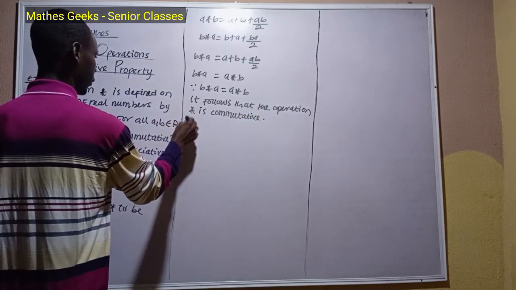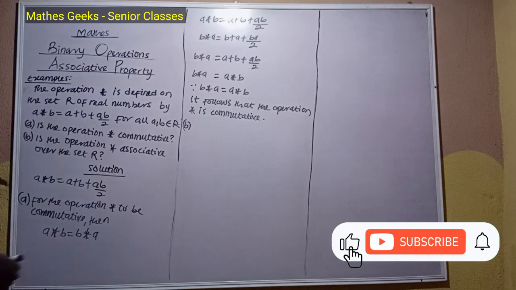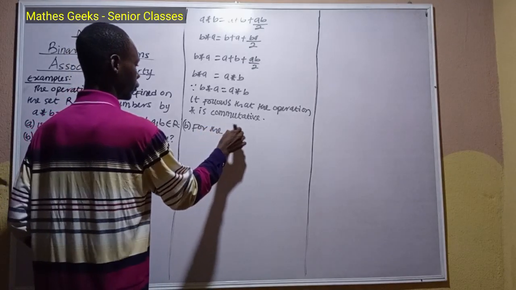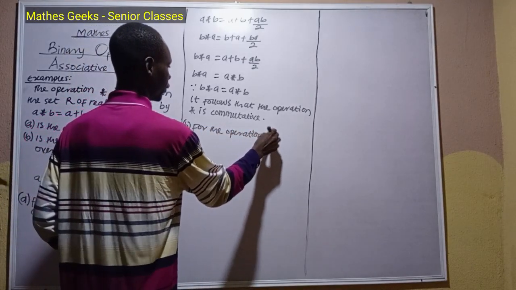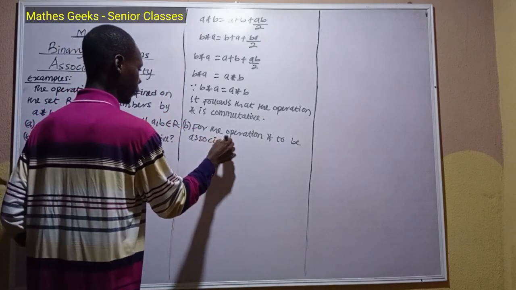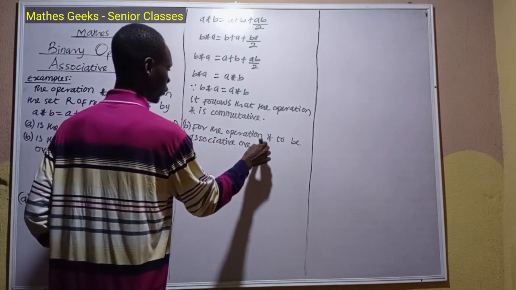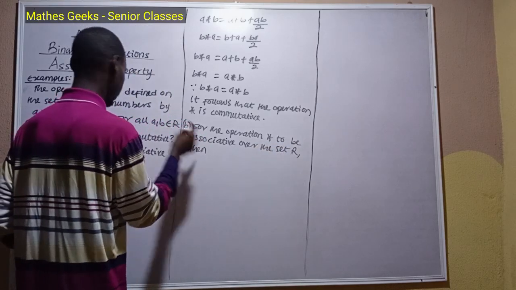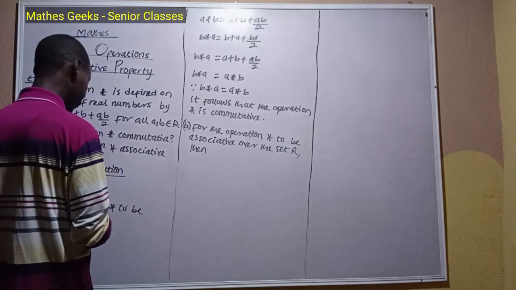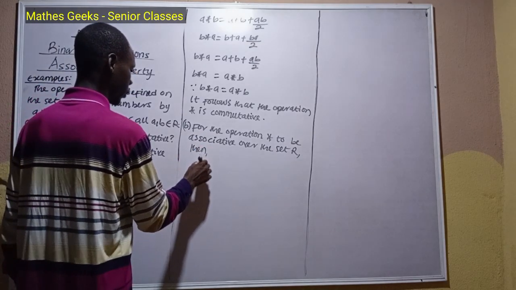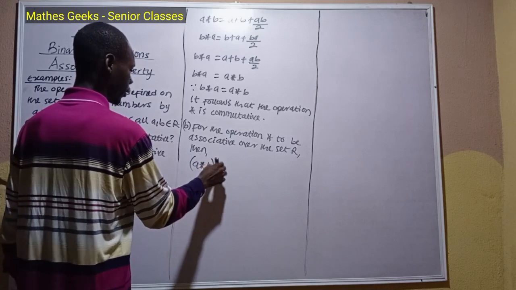B asks, is the operation star associative over the set R? So for the operation star to be associative over the set R, then (A star B) star C must equal A star (B star C).